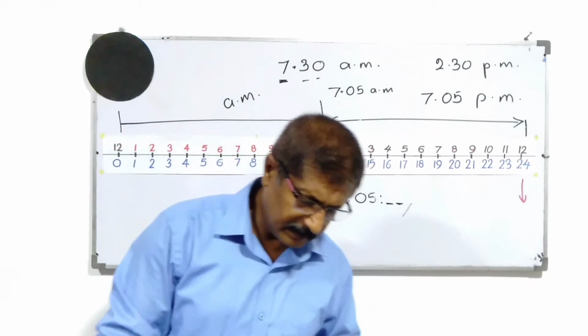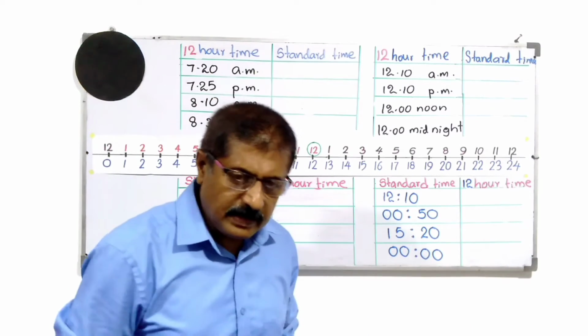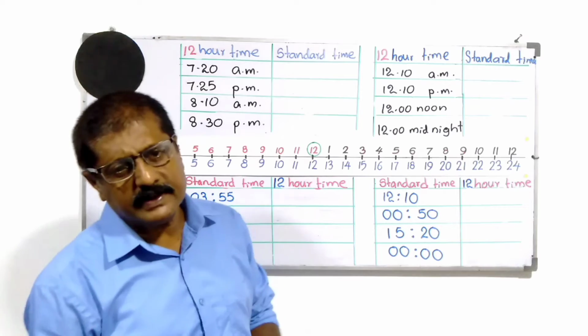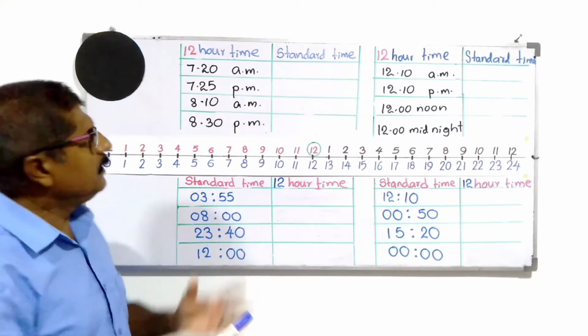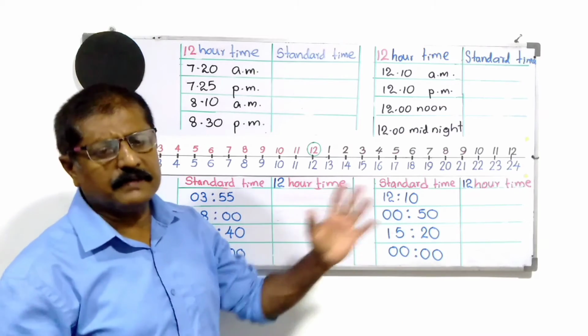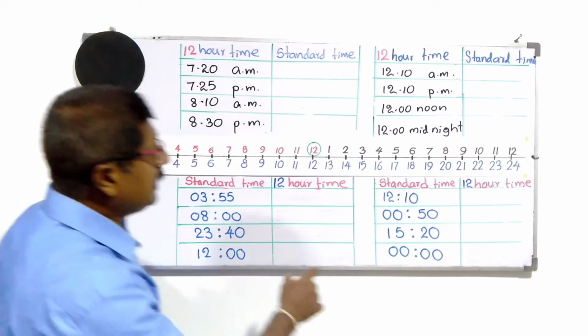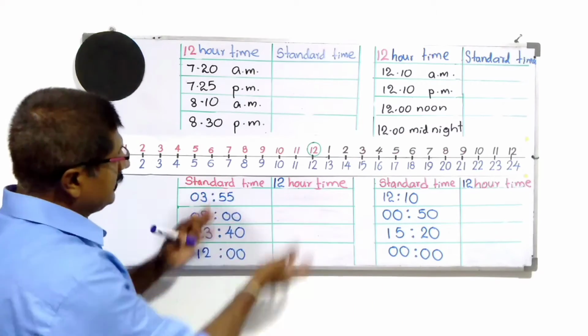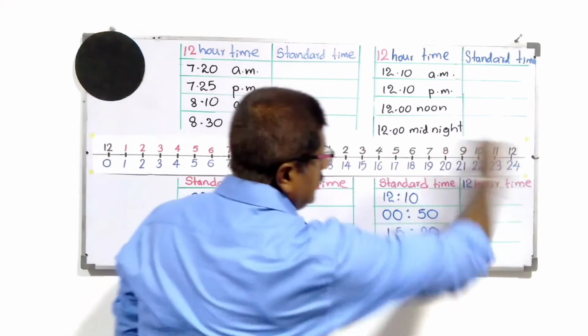Okay. Now let's see how we can convert time between the 12-hour format and the standard or 24-hour format, and the other way around, using this chart.